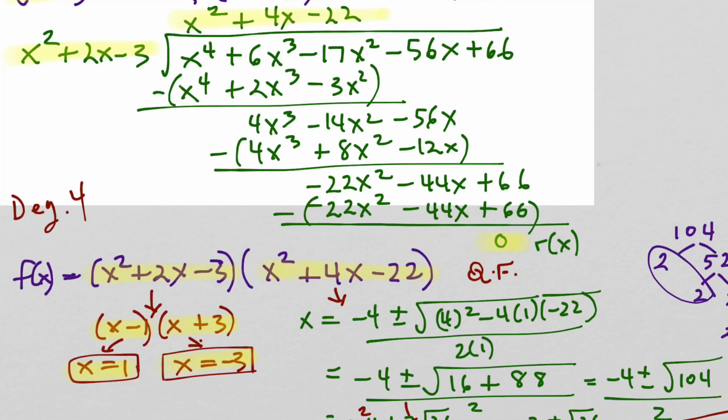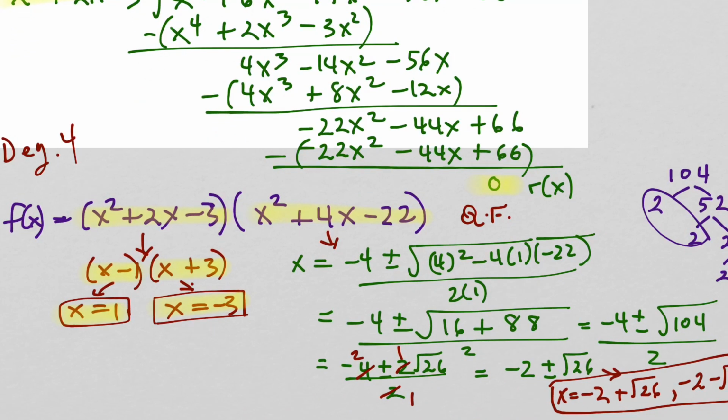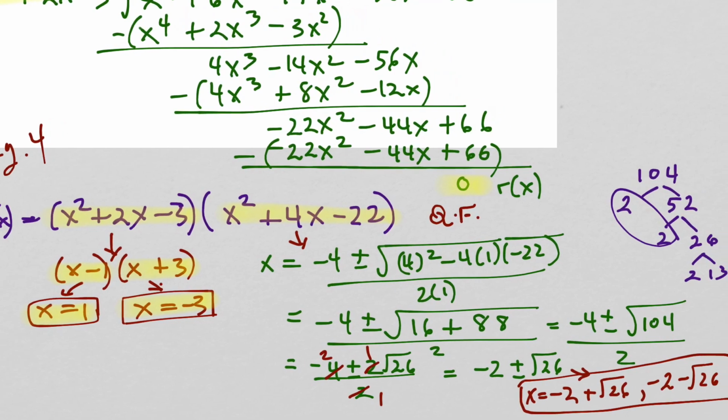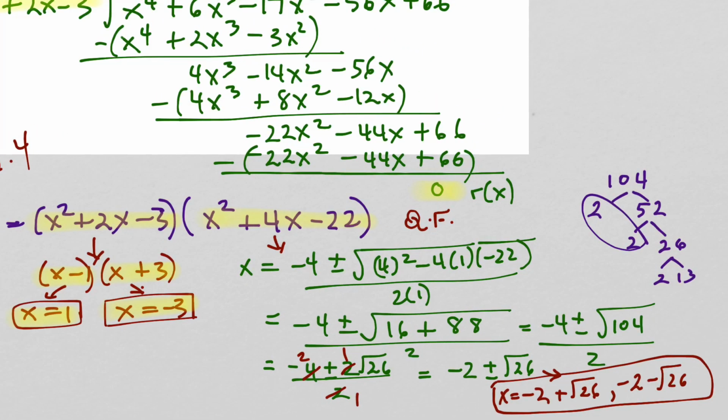Now when you go ahead and try to find the 2 zeros from this factor that we determined from the quotient, we decided that it wasn't factorable and that we had to use the quadratic formula to find those 2 zeros. So we carried on with the quadratic formula, got all the way down to these 2 x values.